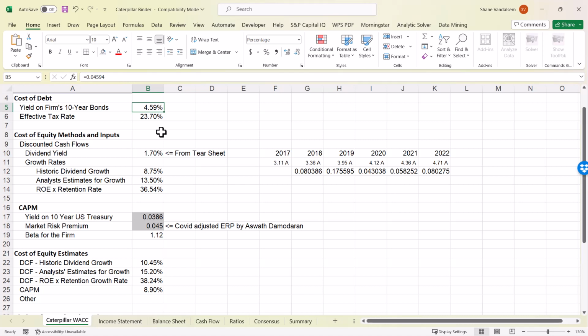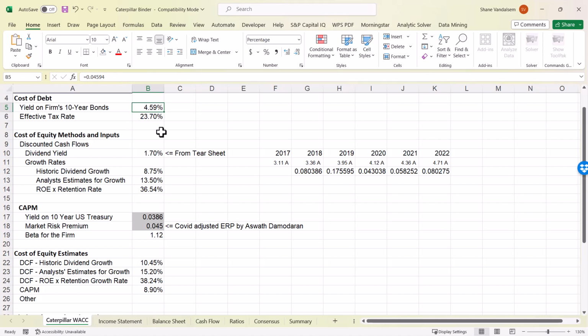But none of them are really even very close to that number. The closest is the capital asset pricing model at 8.9%, and still that is 4.31% away from the required rate of return on the debt. So there's quite a bit of distance in there. So that's something to think about.